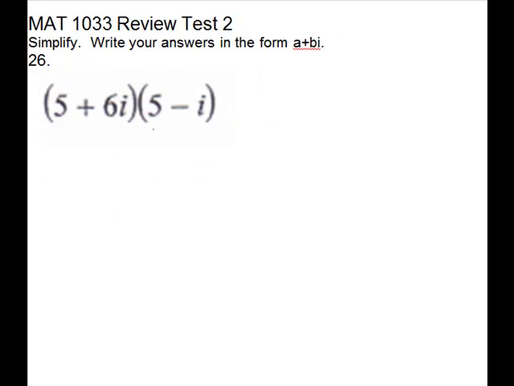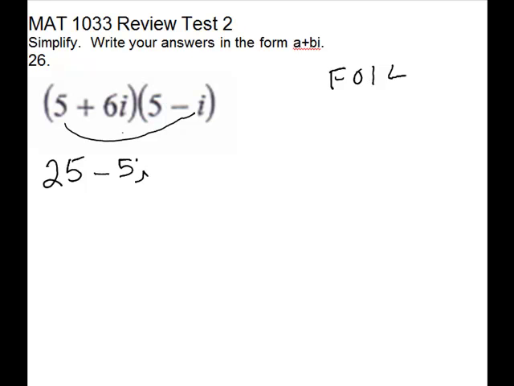Next, we're going to multiply two complex numbers, and these just look like binomials. So we'll do it like a FOIL problem. That's just a memory trick. So the first terms, 5 times 5 is 25. O is outside edge. So 5 times negative i will be negative 5i.